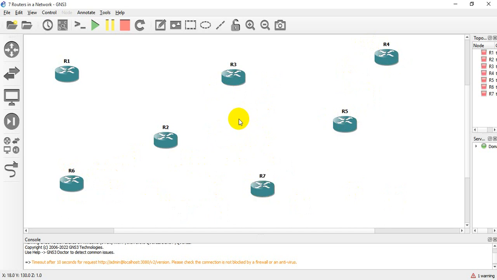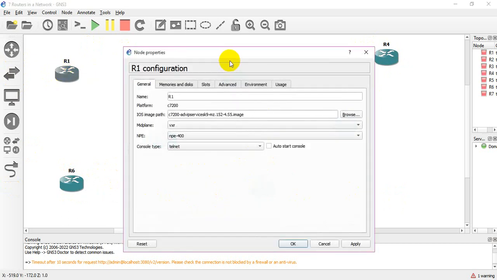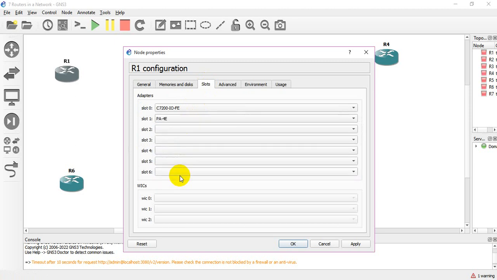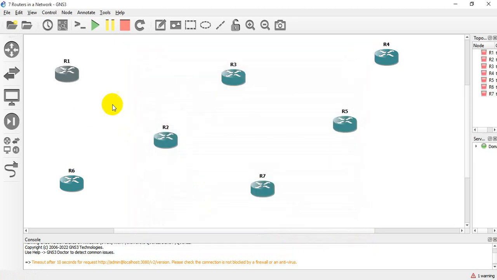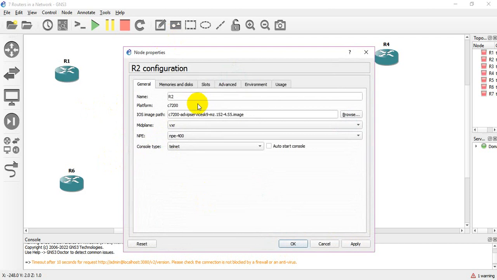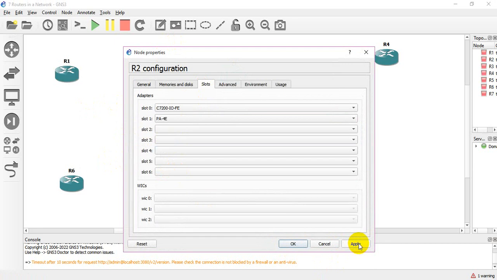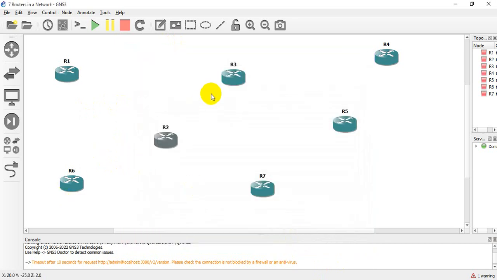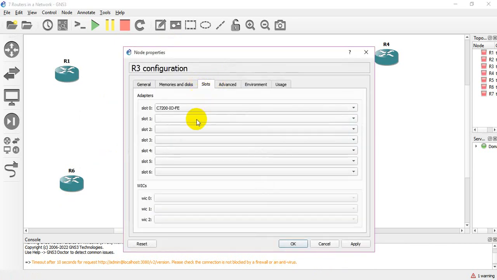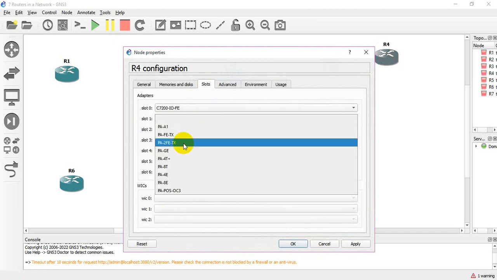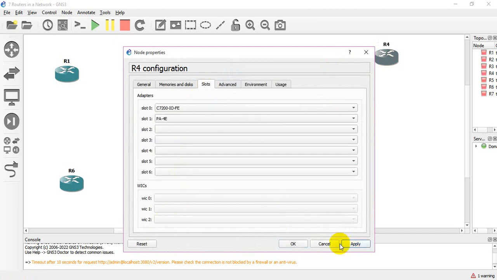Okay. So let me connect them first. Before connecting, let me assign the slots to them as well. Like I will assign PF4 here. It means one slot for each port, I mean Ethernet ports. I will try to design this topology for you as well, so it should be interactive.